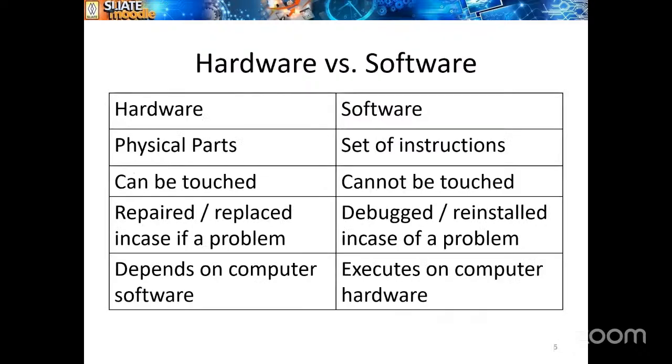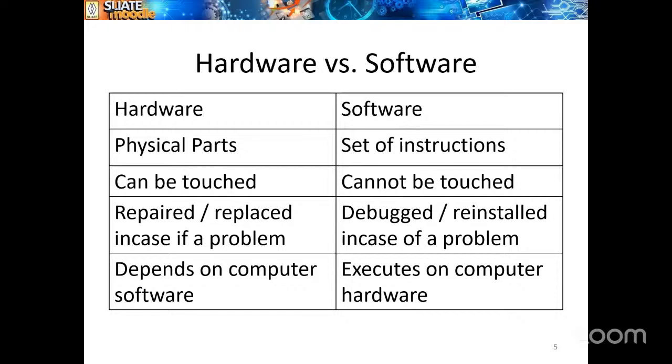After that, we will see what the hardware is and what the software is. What are the major differences between the hardware and the software? The hardware is a physical part. We can touch and feel the components. Okay. But the software is the exact opposite. The software includes a set of instructions.